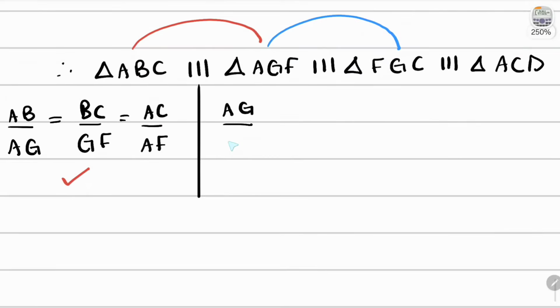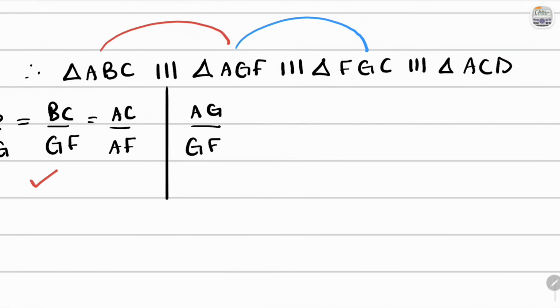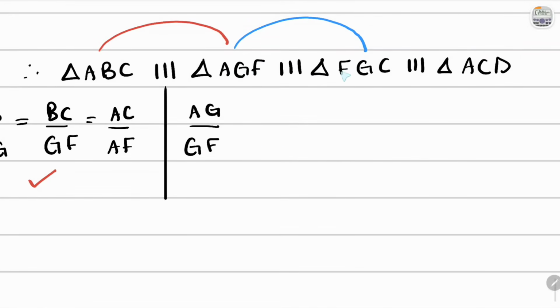So AG over GF is equal to, now we take the second and third, so GF again, over GC. Second and third. And then first and last, so that is equal to AF over FC.